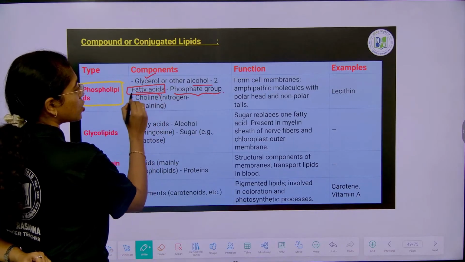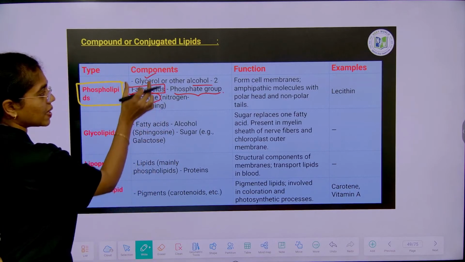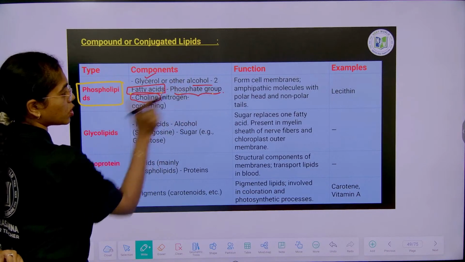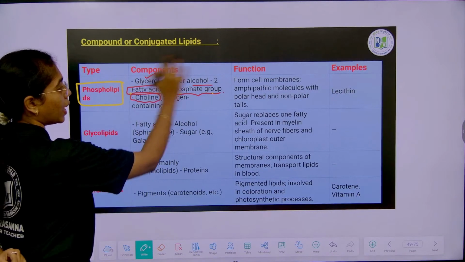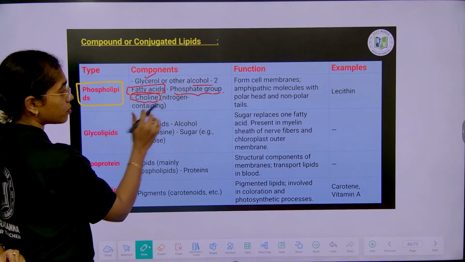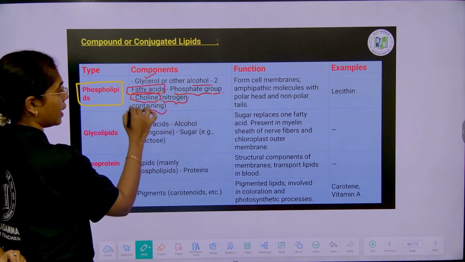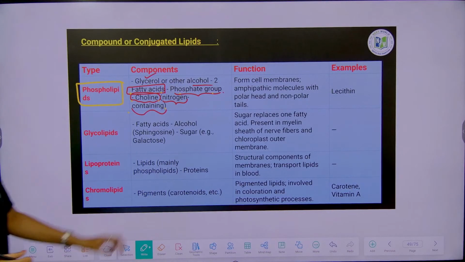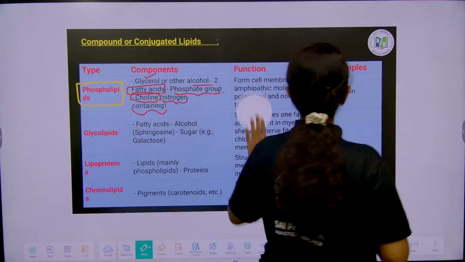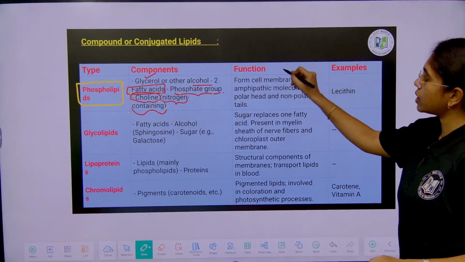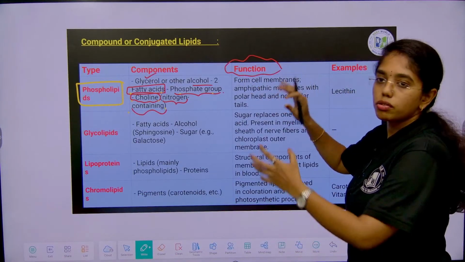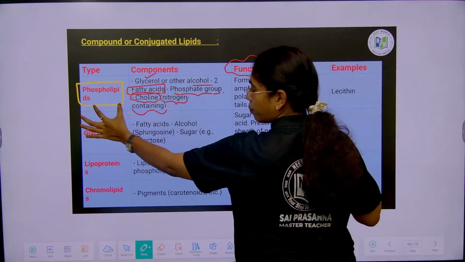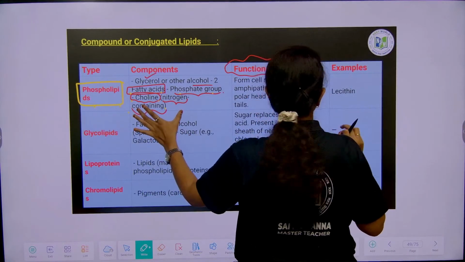Combined, you will call it choline, which is a nitrogen-containing lipid. The functions are not required for you; this is additional information. If you are enthusiastic to know about this, you learn. If not, just the type of conjugated lipids and the components in it.